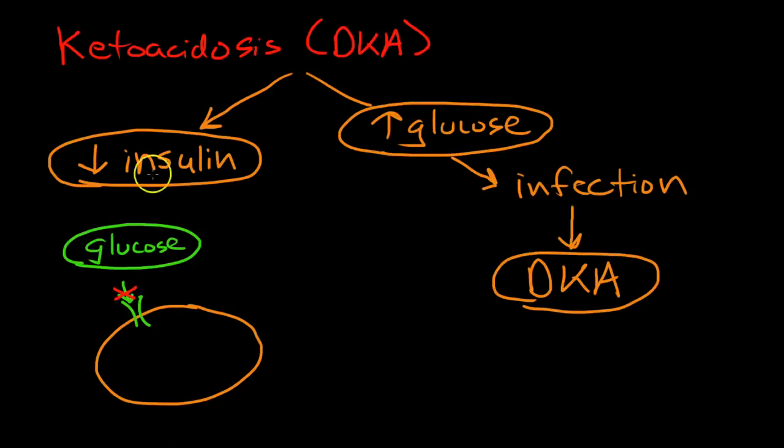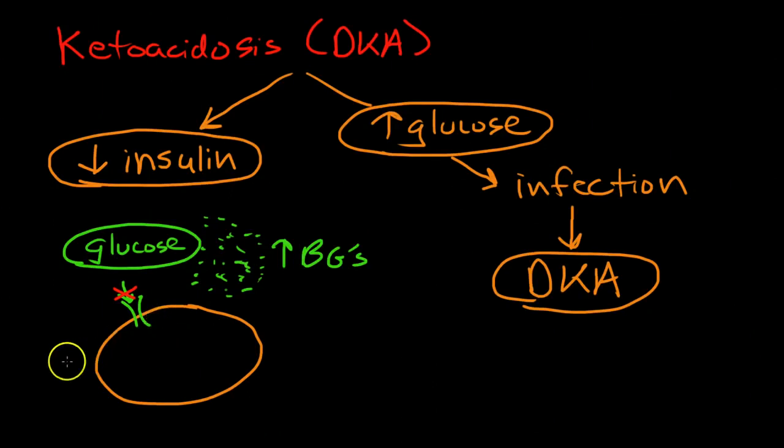One thing is the glucose outside of the cell becomes very, very high, so we have elevated BGs. And then the other thing is there's no glucose in the cells, so the cells have to shift to other substrates for energy production. In particular, they have to shift to using proteins and lipids.